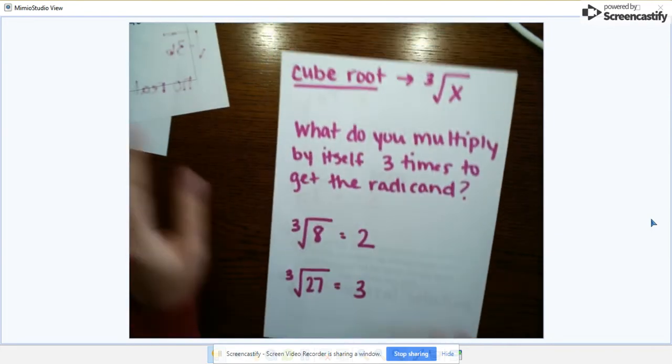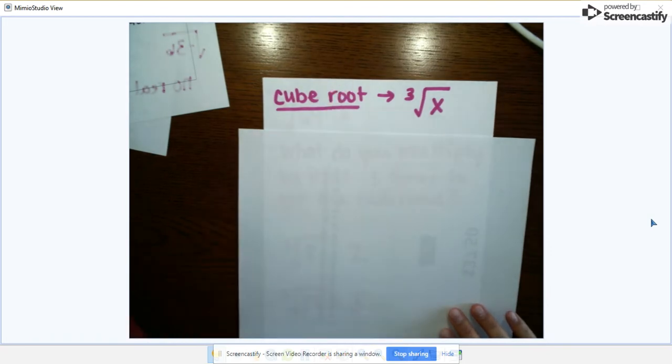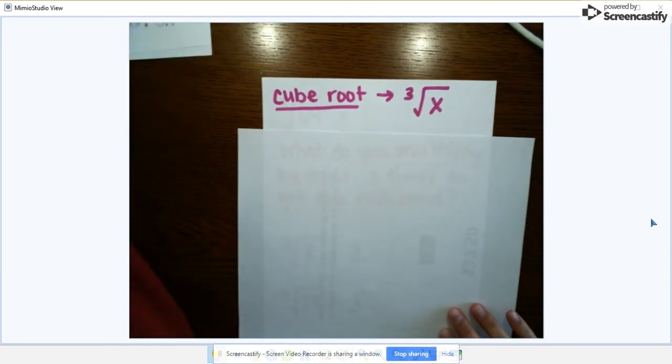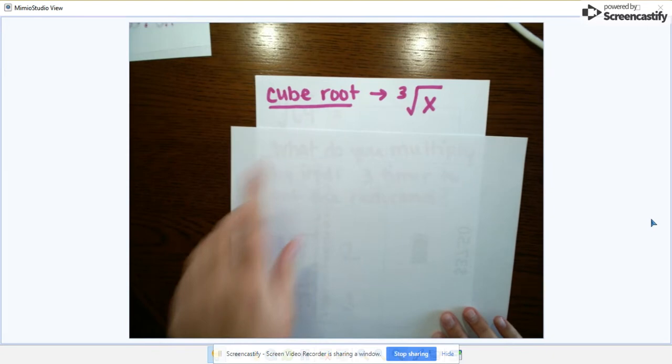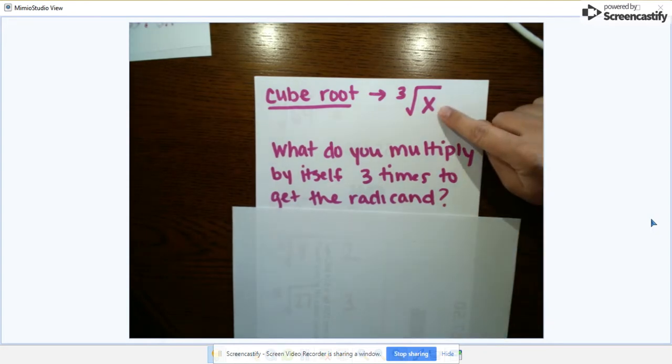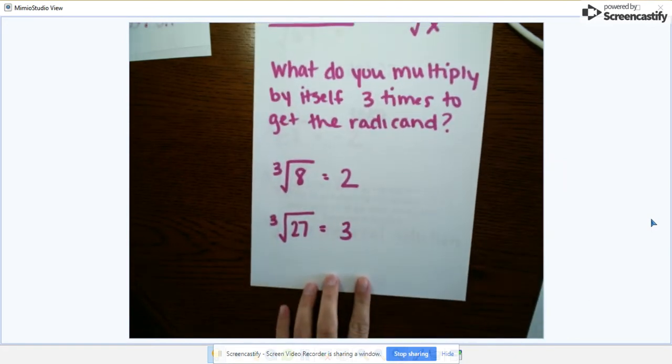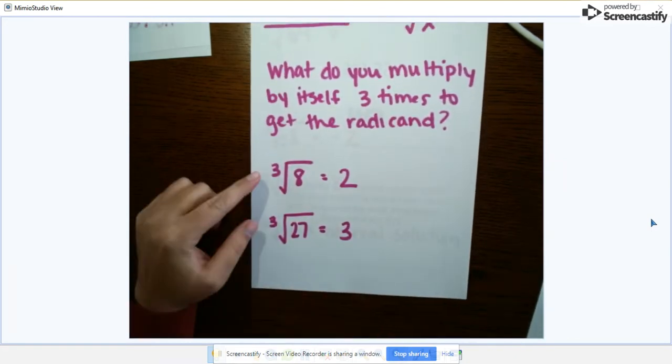All right, we're also going to look at something called the cube root. So the cube root looks like this. Instead of square root, we have a little 3 on the outside. And for the cube root, we have to ask ourselves, what do we multiply by itself 3 times to get the number inside our radical? So here are a couple of really common cube roots that I would like you guys to make sure you know.